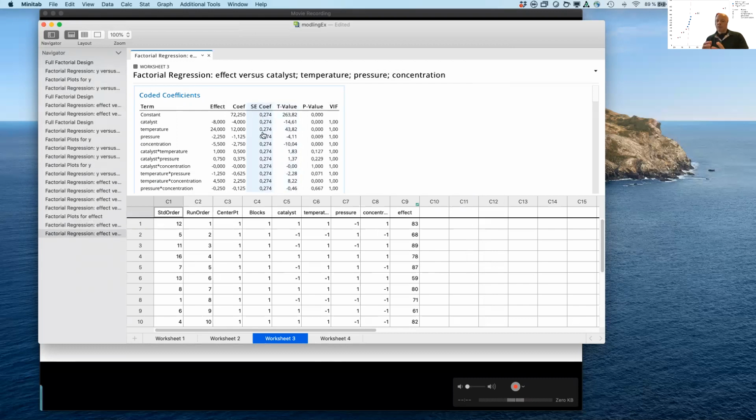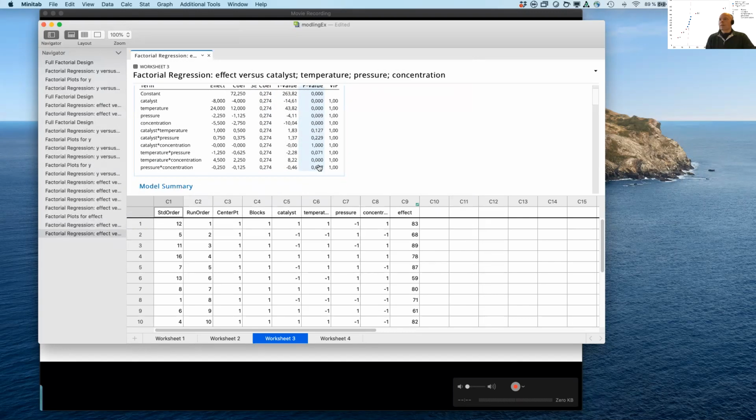That is, we're averaging these effects that we thought were just random variation. And then we have a t-value. And we see that catalyst and temperature and pressure and concentration are all significant, have a low p-value, and potentially this temperature concentration interaction as well, which is surprisingly large given the variance we just estimated.